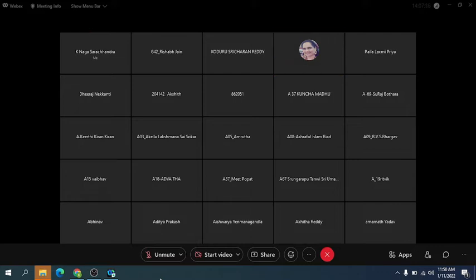Third one, 16-bit Vedic multiplier. Fourth one, 32-bit MIPS processor.